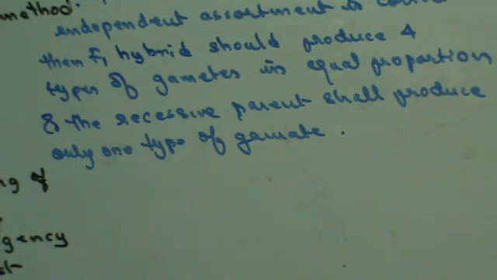Right? Thus, the progeny of this cross will show 4 types of phenotype in equal proportion.